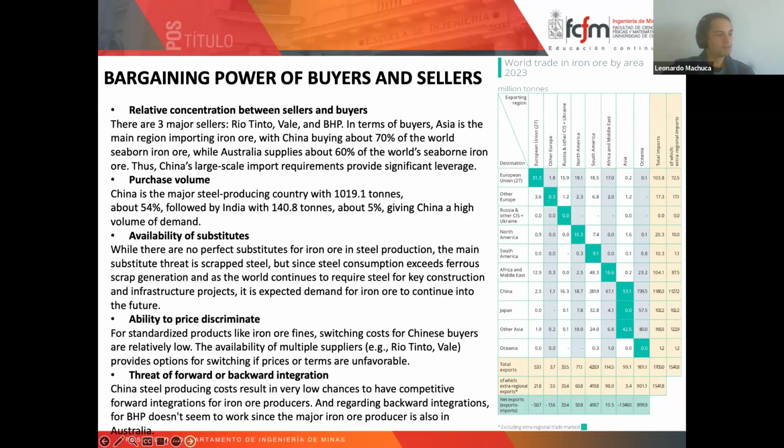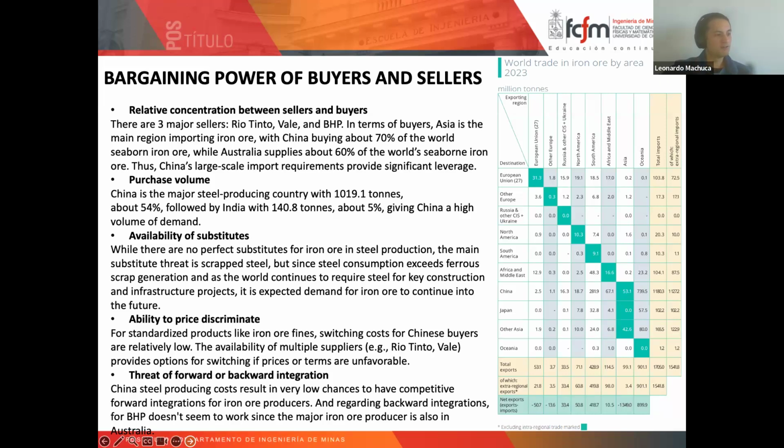And on the ability to price discriminate, for a standardized product like iron ore fines, switching costs for Chinese buyers are relatively low. This is thinking in the region because this is a regional market.